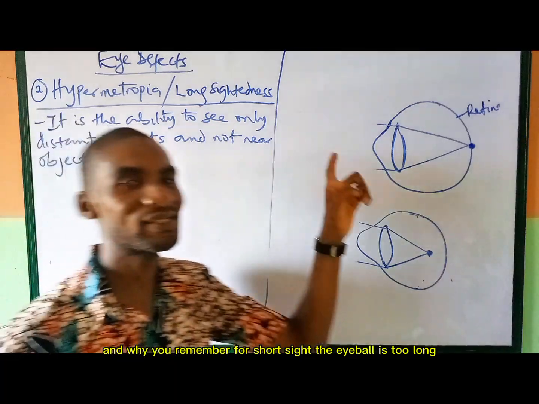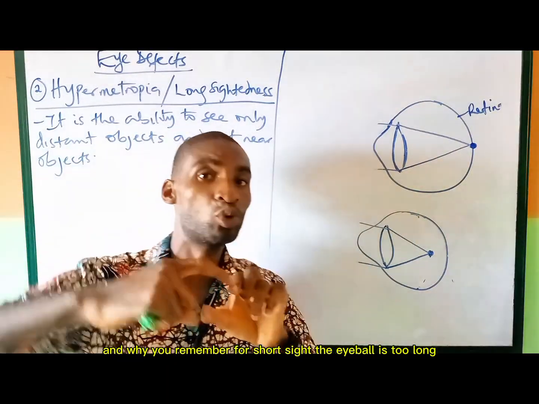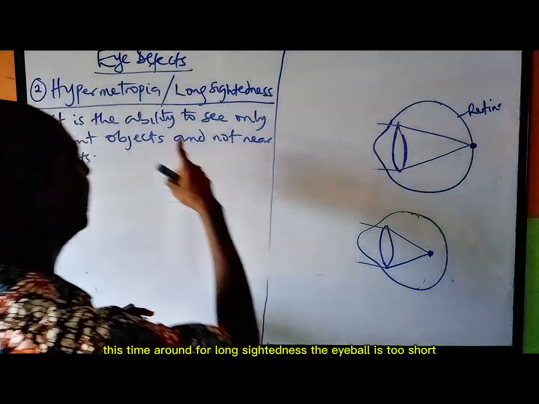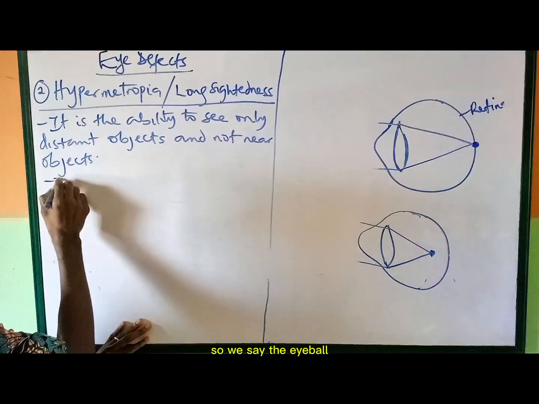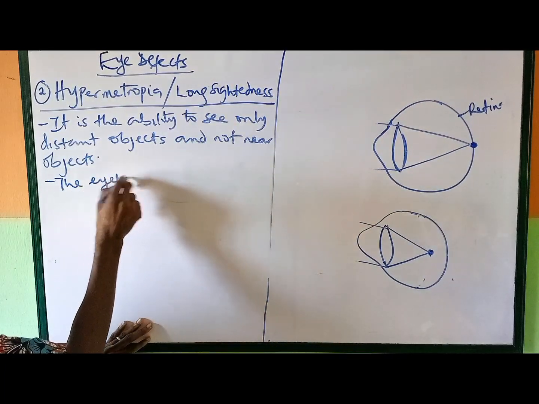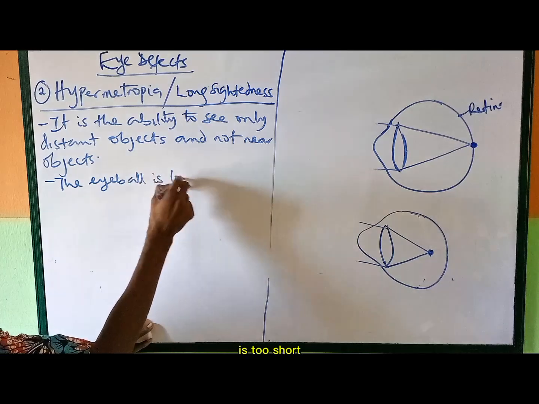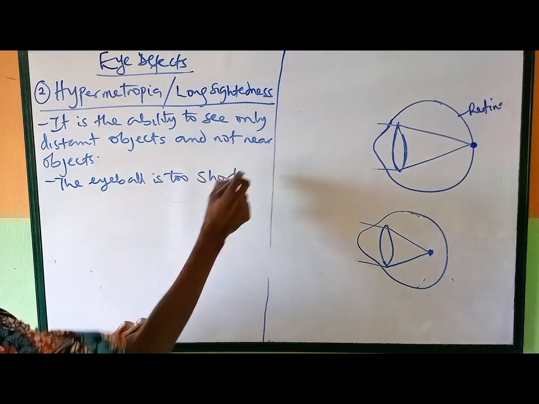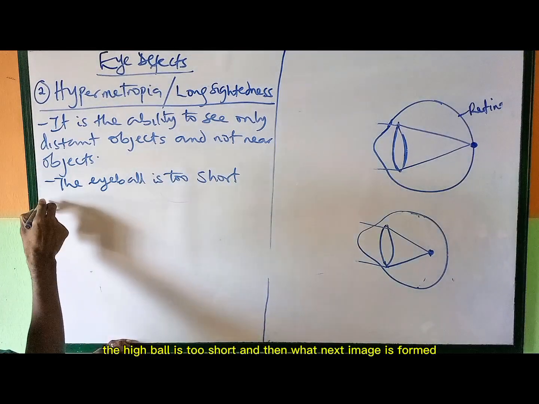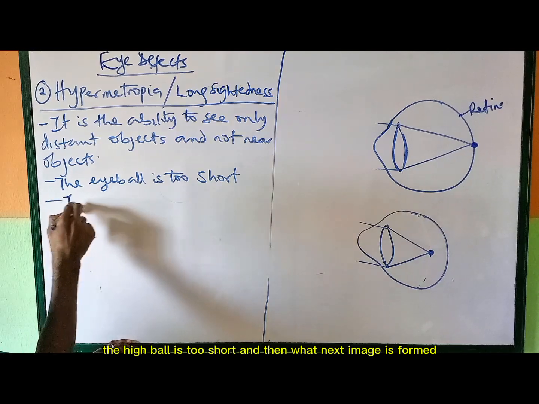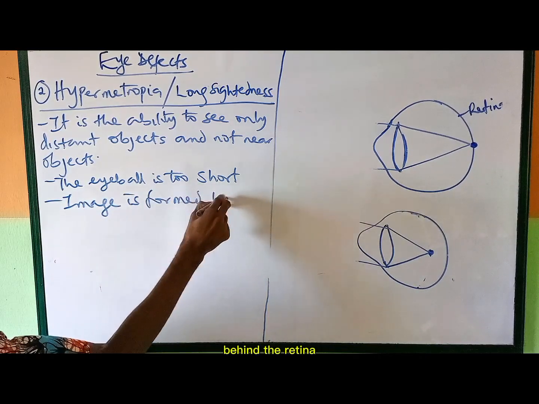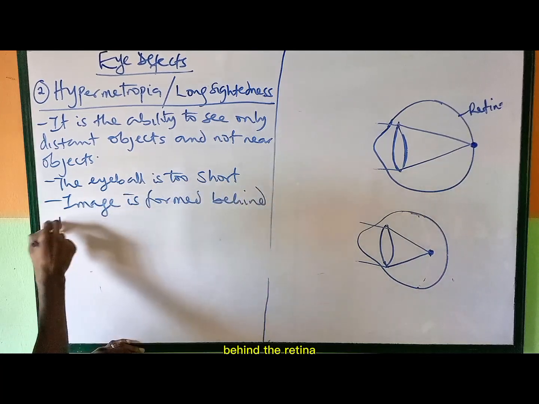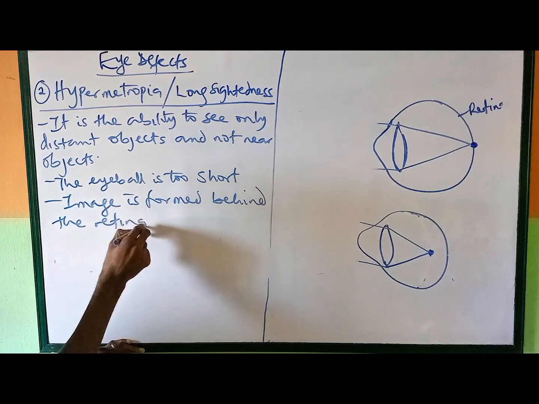You remember, for short sight, the eyeball is too long. This time around, for long-sightedness, the eyeball is too short. So we say the eyeball is too short. And then what next? Image is formed behind the retina.